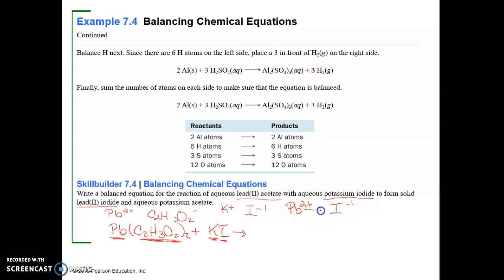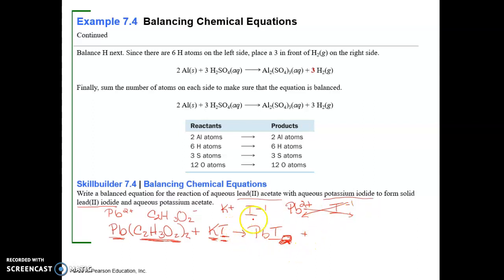And you guys can also do the crossover rule. We'd need 2 of these and we would need 1 of these. So it would become PbI2. Oops, that was a mistake. PbI2. That was just supposed to be a 2 there. Okay, good.